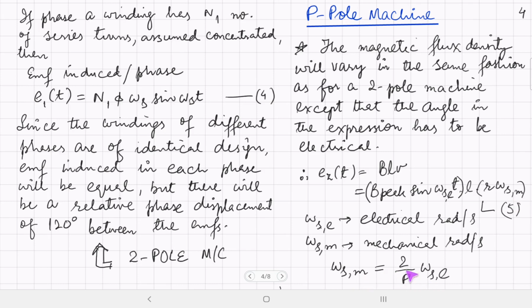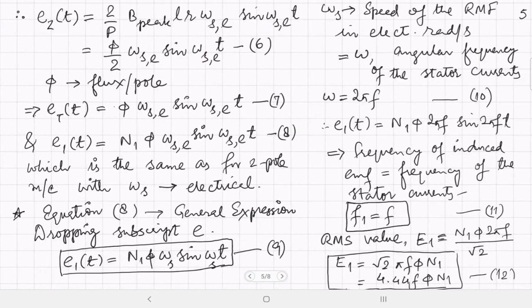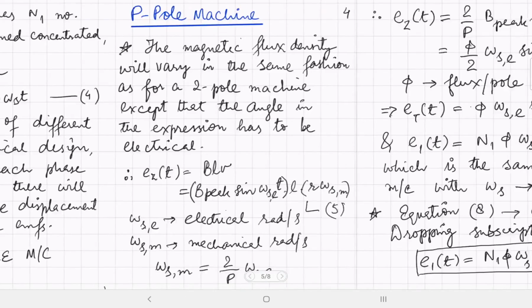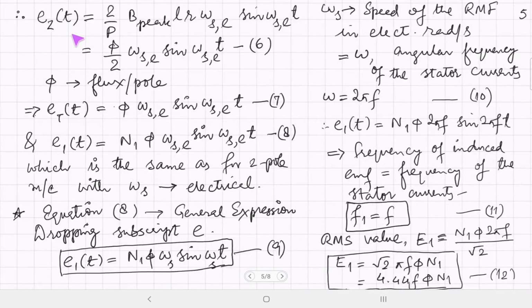Omega SM will be equal to 2 upon P omega SE. And using these two expressions, we'll have therefore e_z(t), EMF induced per conductor, will be equal to 2 upon P B peak L R omega SE sine omega SE t. We have made here a substitution for omega SM as 2 upon P omega SE.